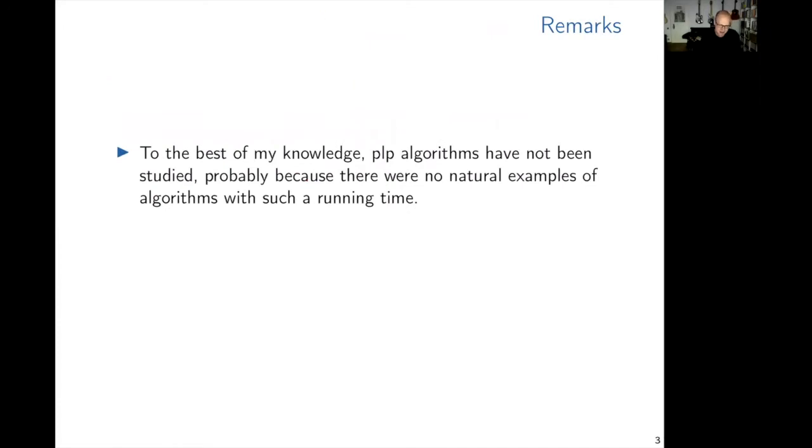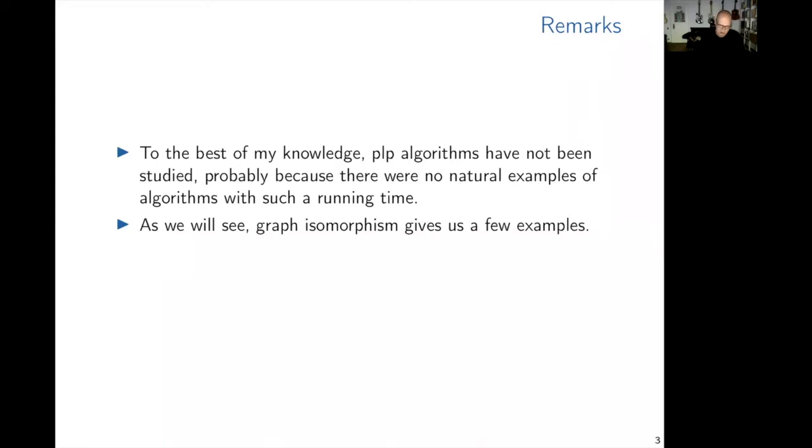As far as I know, such algorithms have not really been studied. That's probably because there are no natural examples of such algorithms, so why should we study them? Now, as we will see, graph isomorphism gives us a few examples, and I think it's a natural class to study. It's a reasonable running time to look at.